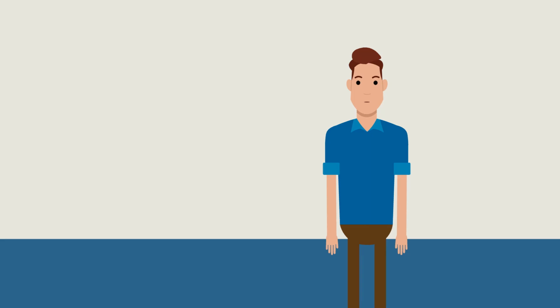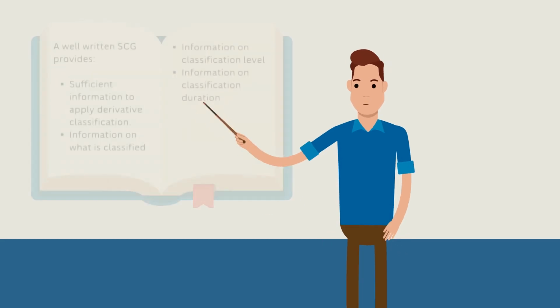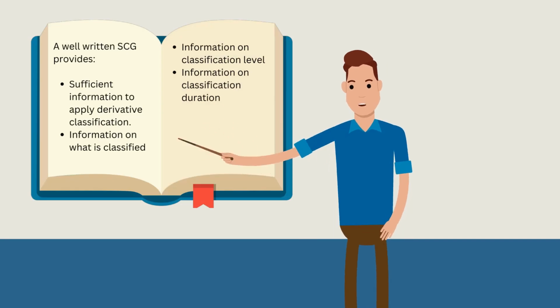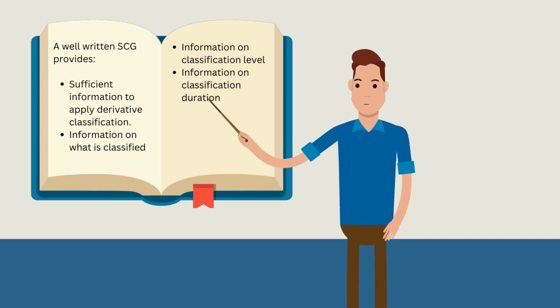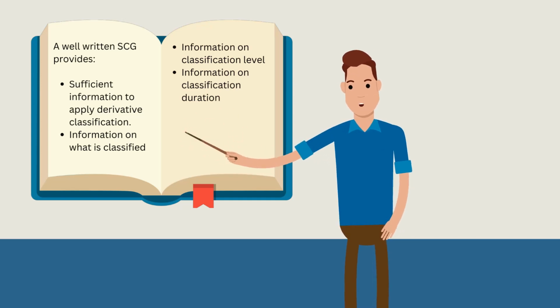Derivative classifiers depend on guidance provided in the SCG. If guidance isn't clear, derivative classification could be over, under, or not protected at all. A well-written SCG should provide the cleared contractor with sufficient information to apply derivative classification. The SCG will provide information on whether information is classified and to what level.